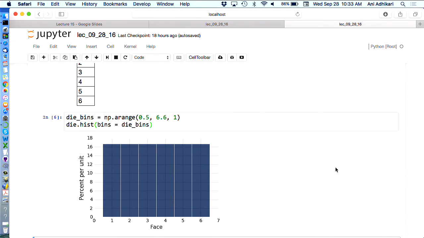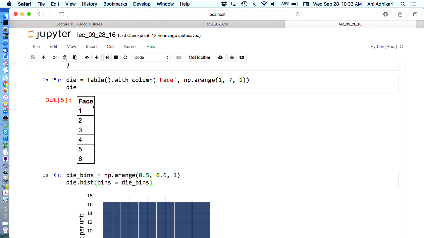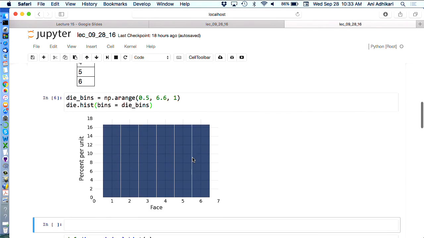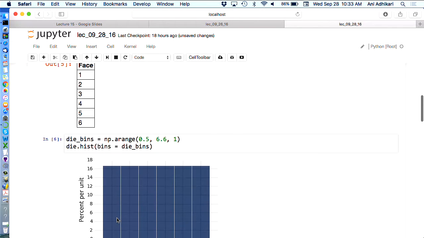What we would like to do is to see what this histogram has to do with actually rolling dice. So what we're going to do is roll dice. And for this, we have to be able to pick at random with replacement from the rows of this table. The method that does that is called sample. Here is what sample does.